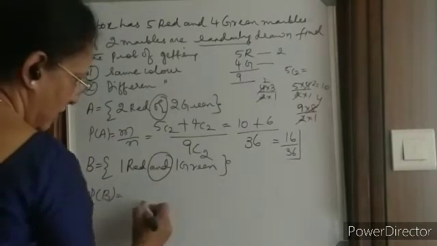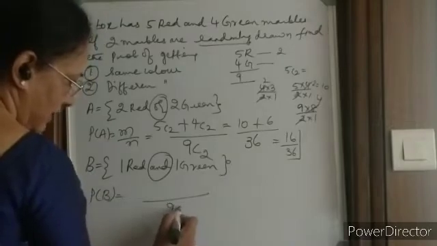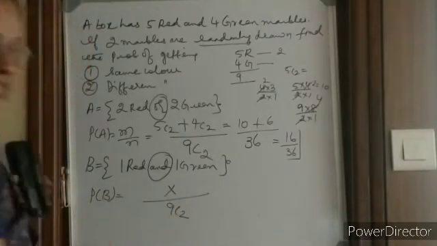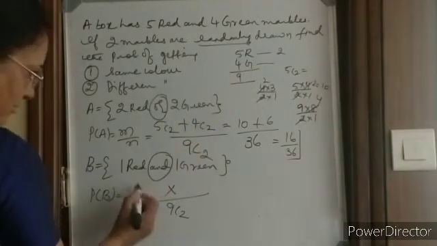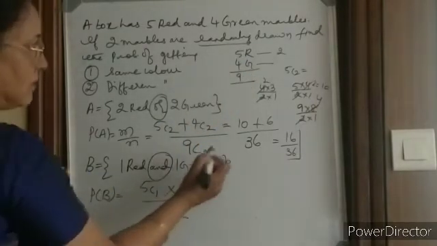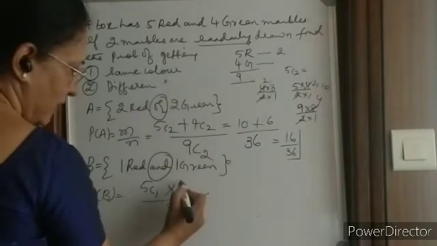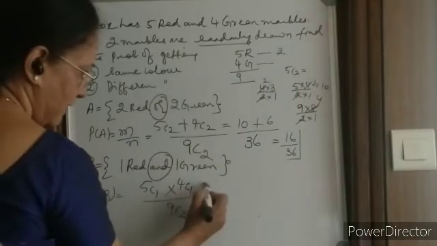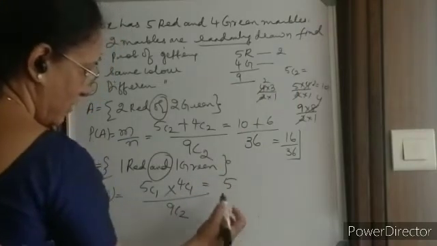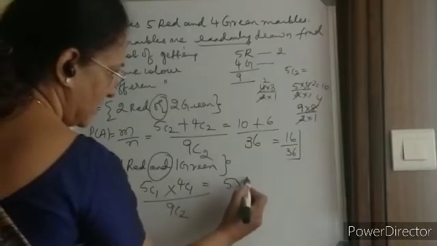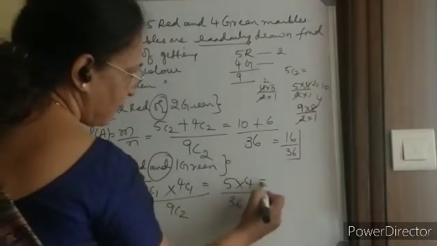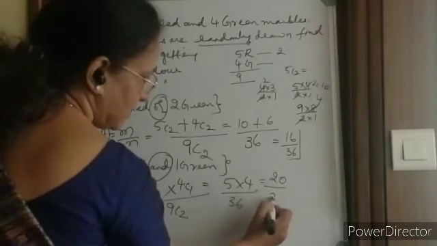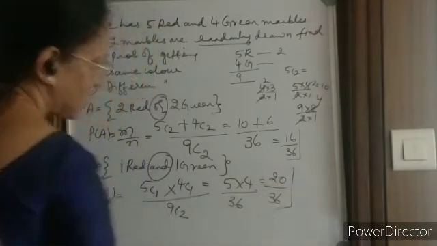So same 9C2, and is there, so you put this as multiplication. Now 1 out of 5, so 5C1. Now 4 green, so 1 out of 4, so 4C1. So 5C1 of course all of you know is 5. 4C1 is 4. 5 4s are 20. Divided by this is 36. So you get 20 divided by 36.